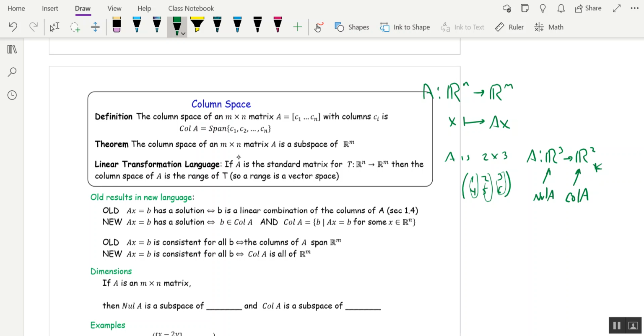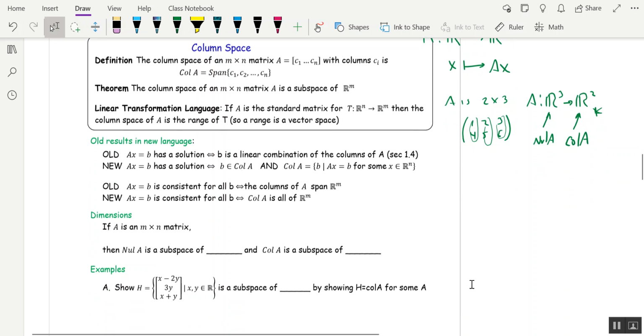All right, so let's look at our dimensions more carefully. A is m by n. So again, A maps Rn to Rm. I always write that down. If A is m by n, you have to reverse the dimensions. A takes a vector in Rn, and Ax will be in Rm. So null A is a subspace of Rn.